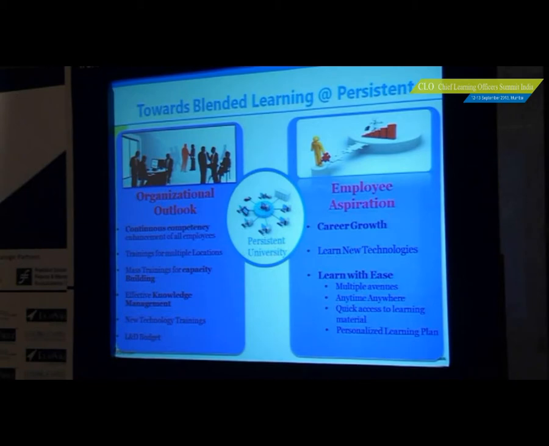We have multiple locations, so training should happen at multiple locations. We require mass trainings quite often for capacity building and basic trainings. That requires an effective knowledge management system also, where the knowledge is kept at a central place and is accessible to all people. Since we are working in such a dynamic field, new technologies are to be learned and new technology trainings need to be offered. And of course there is an angle of the L&D budget.